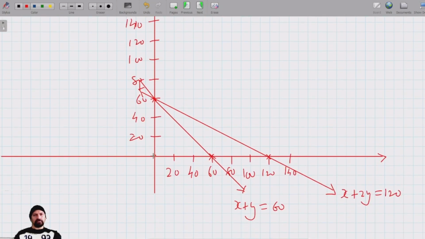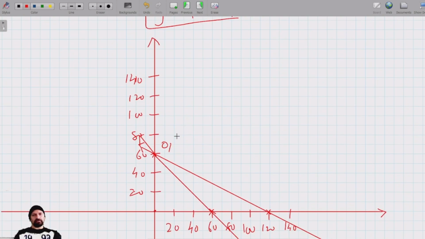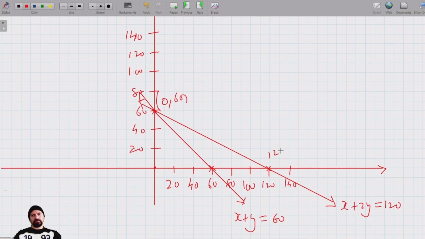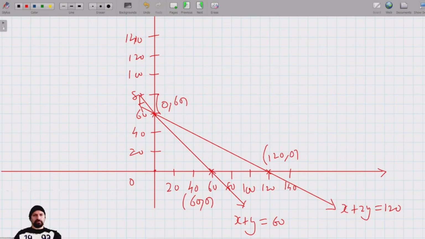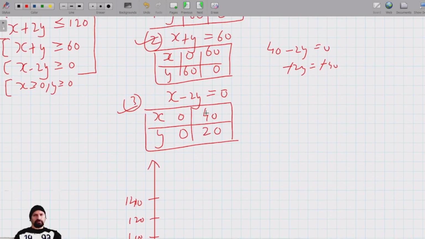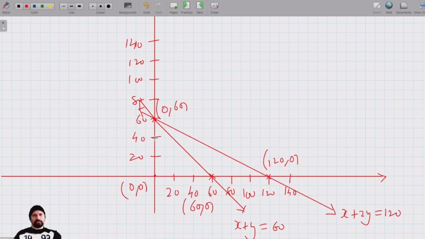This is 0 comma 0, this is 0, 60, 120, 0, and 60, 0. Then there is 40, 20, so it goes to 40, 20. If I sketch the graph for this, it goes through the origin and then it goes like this.